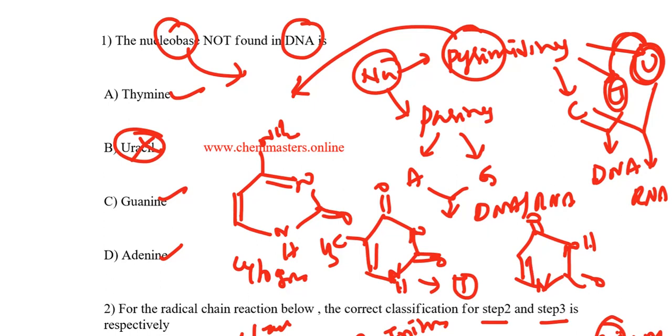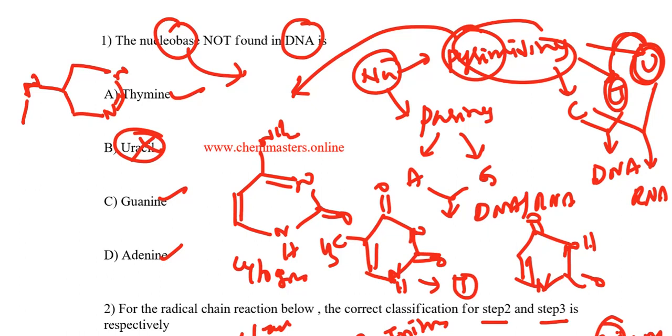And next, purines are simply fused heterocyclics. One structure is pyrimidine, and in the other structure you can see a 5-membered ring, here a double bond, here NH2, and that is adenine.